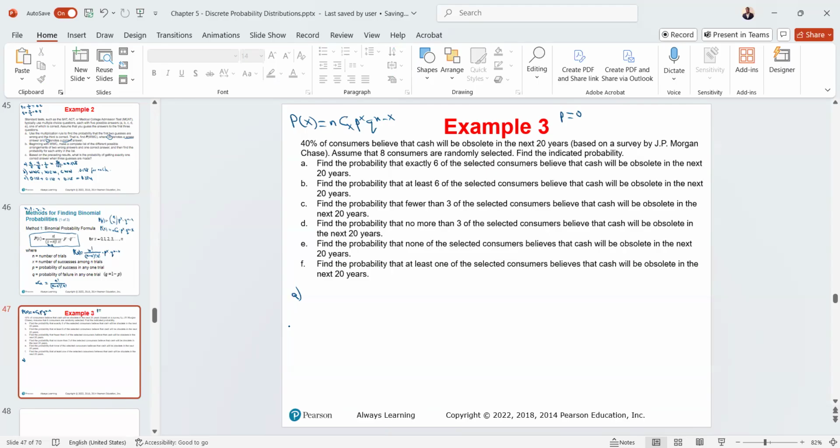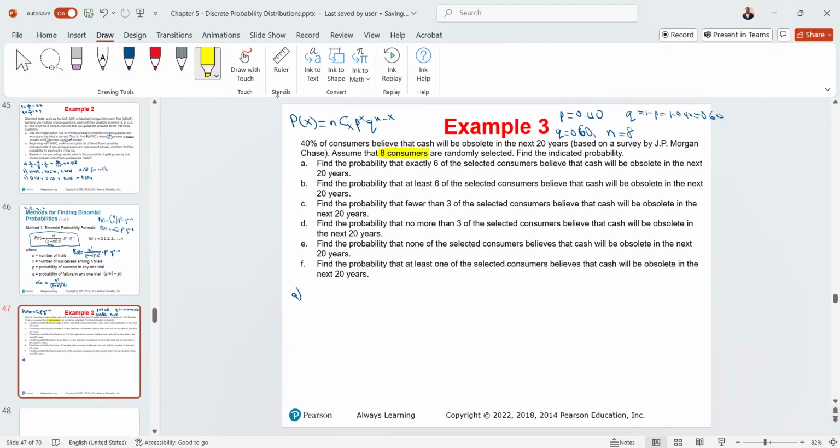P is 0.40. What do you think Q would be? Yes, 1 minus P. So that means 1 minus 0.40, so it's 0.60. So that's Q. We have P equal to this one, and we have Q equal to 0.60. What is N? Because you need to find n, p, q, and x. What is N? Yes, N is 8 because they said 8.